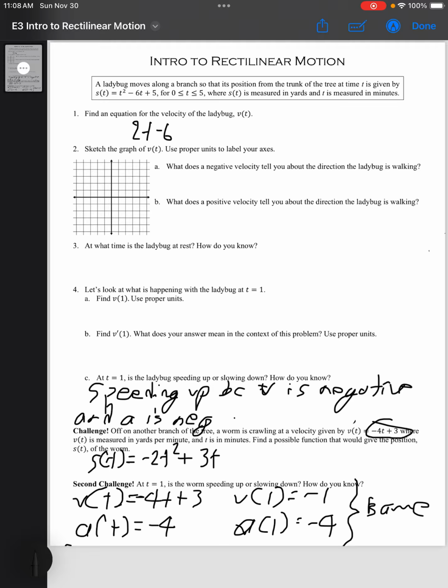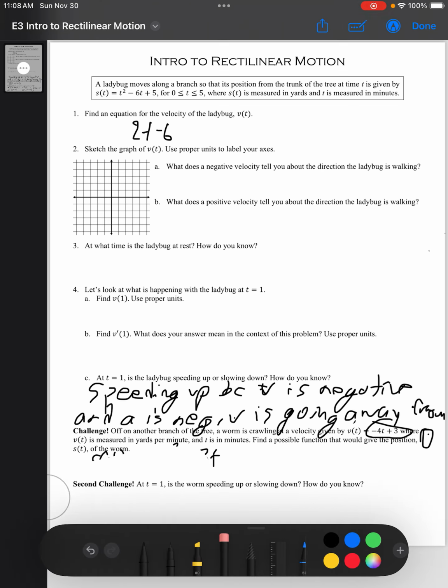So velocity is, not going towards 0, is going away from 0. And that's why it's speeding up. That is all for this.